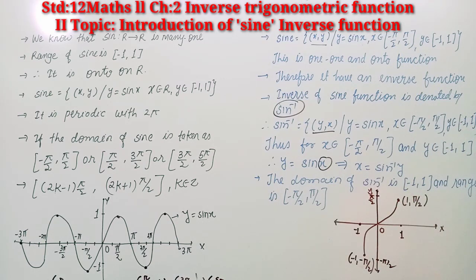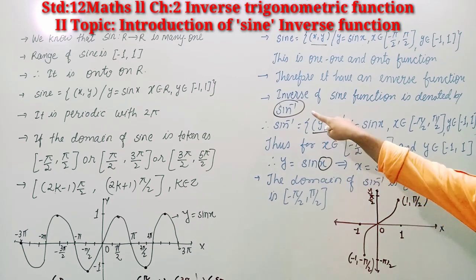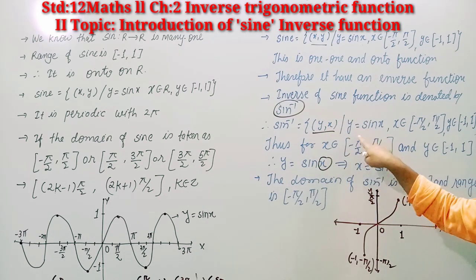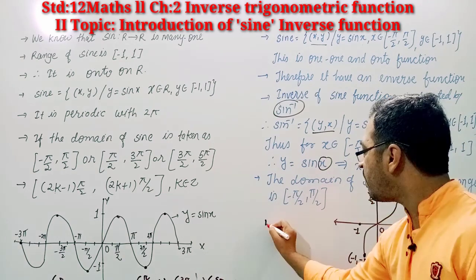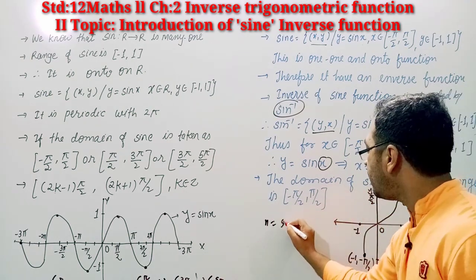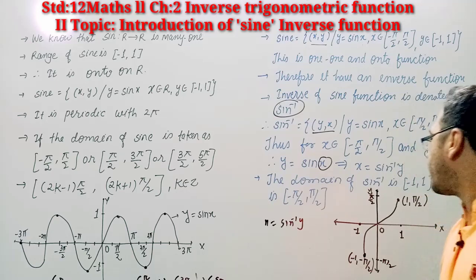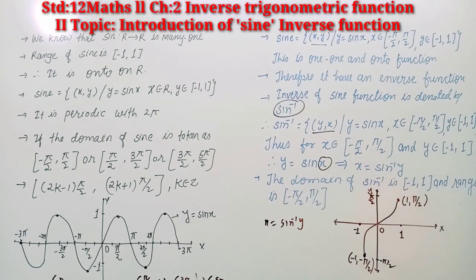So let us plot the graph over here of sine inverse. What sine inverse means, if you are putting the value of minus 1, here x is equal to sine inverse of y, sine inverse y.